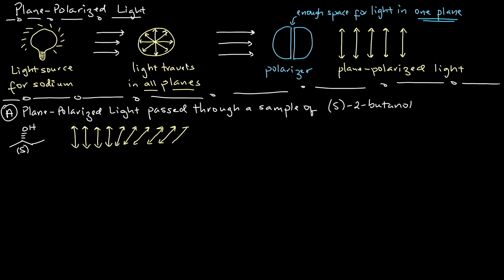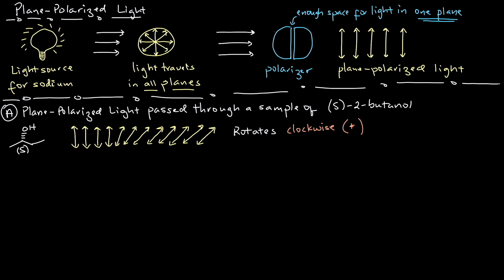For pure S-2-butanol, it's actually going to rotate in a clockwise direction. So notice that rotation going on here. Okay, and that clockwise rotation, we call it the positive rotation. So the plane-polarized light is rotating clockwise.